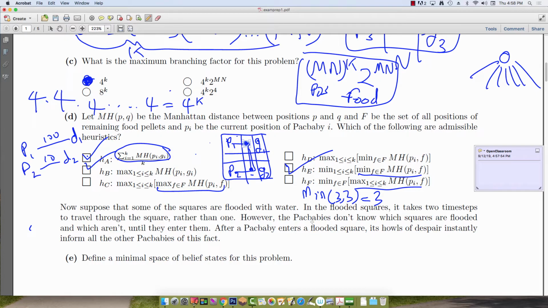In fact, it doesn't make sense to assume that the Pac-man farthest from a piece of food is the one that's going to get it. For this piece of food, we can't assume that P2 is getting it, and for this piece of food, we can't assume that P1 is getting it. In fact, the optimal goal would just be for them both to run down to their parents. So this is not admissible.